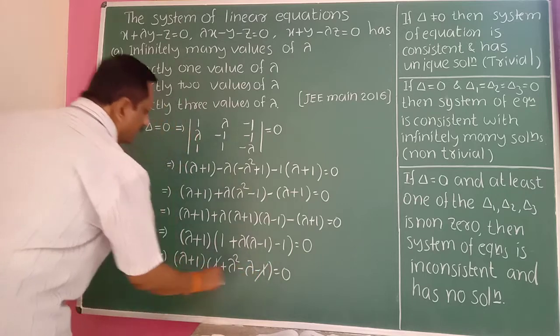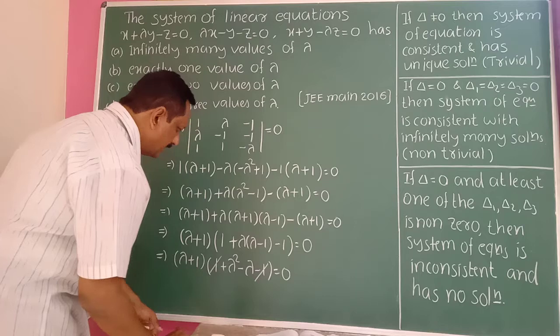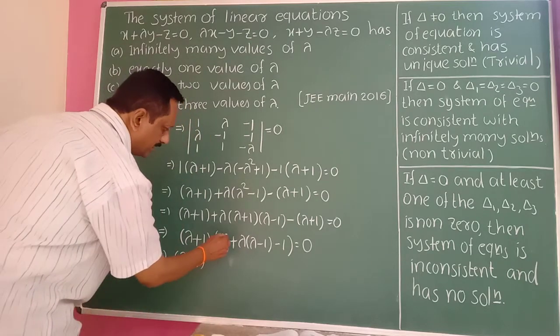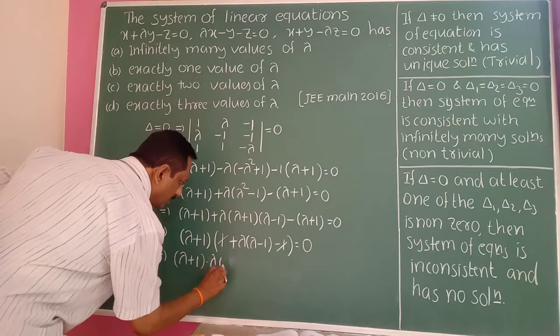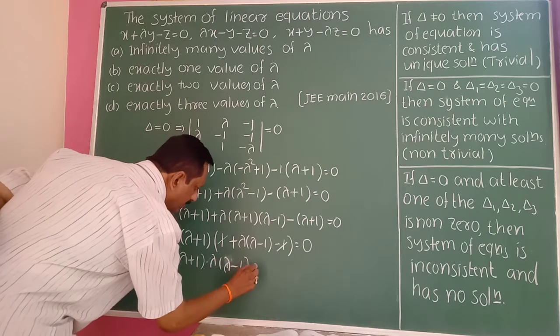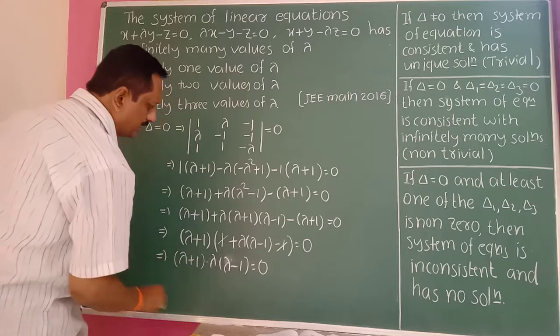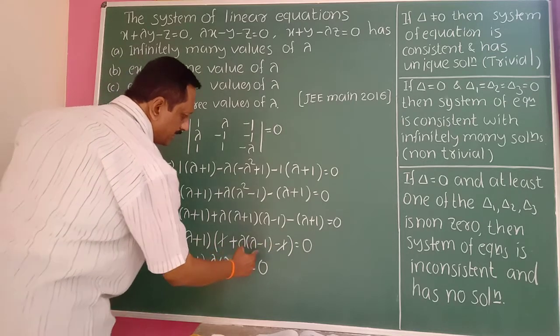This 1 and minus 1 cancel here. You can cancel 1 and minus 1 directly, we get this result here. So lambda into lambda minus 1 is equal to 0. So here plus 1 and minus 1 cancel here. So remaining is this one here.